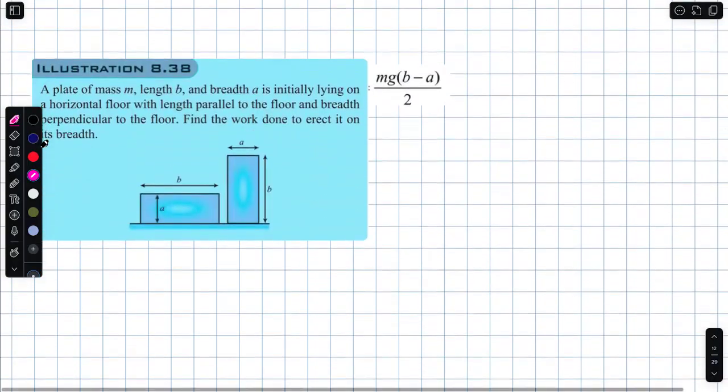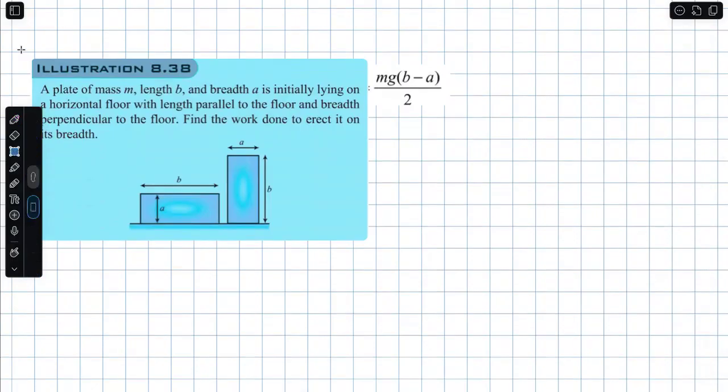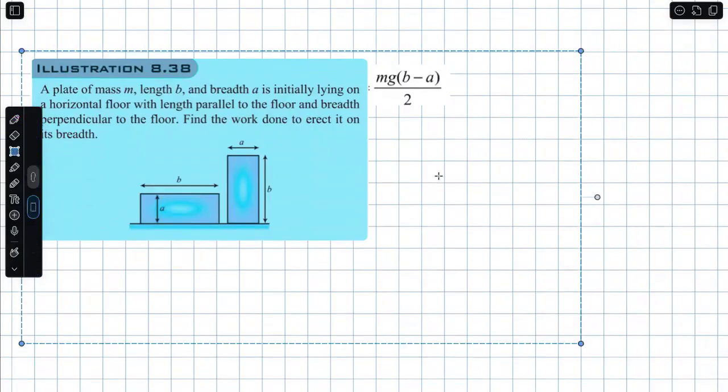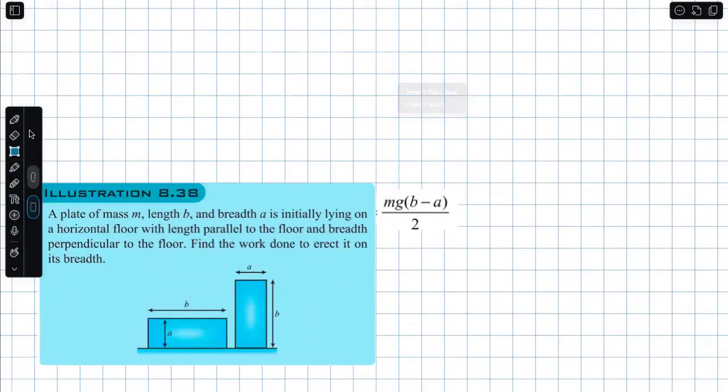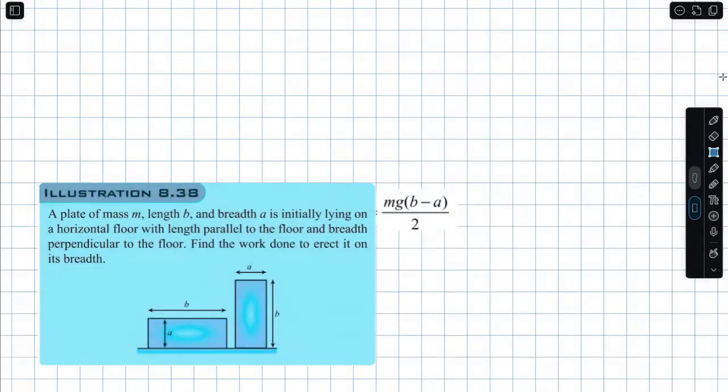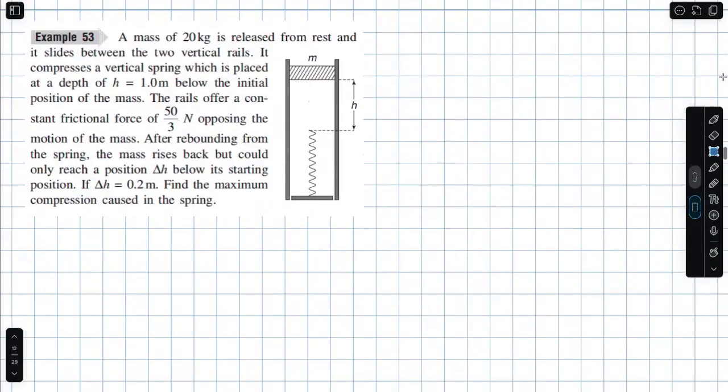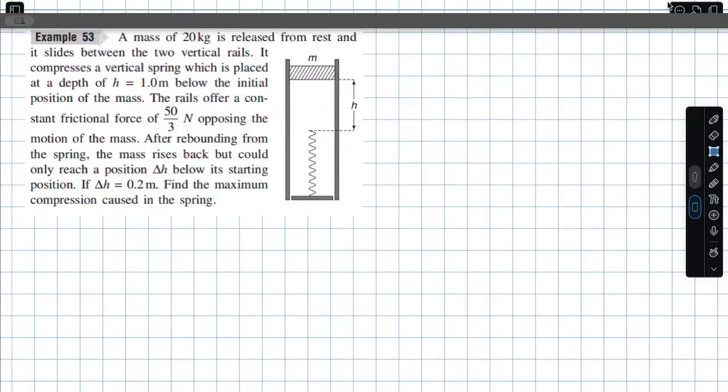Please go through this question. If you are capable of answering this question, that's all.